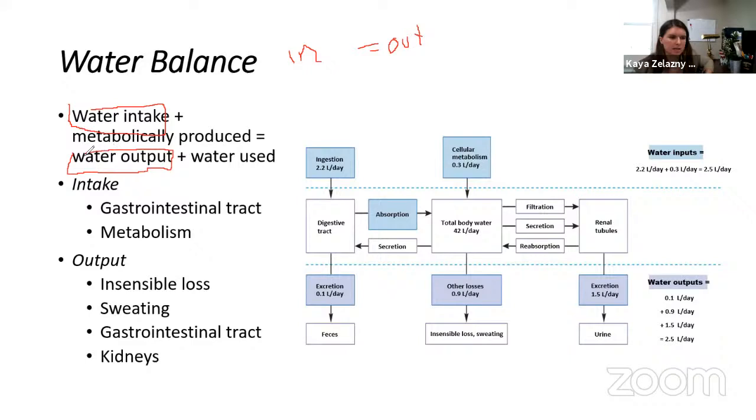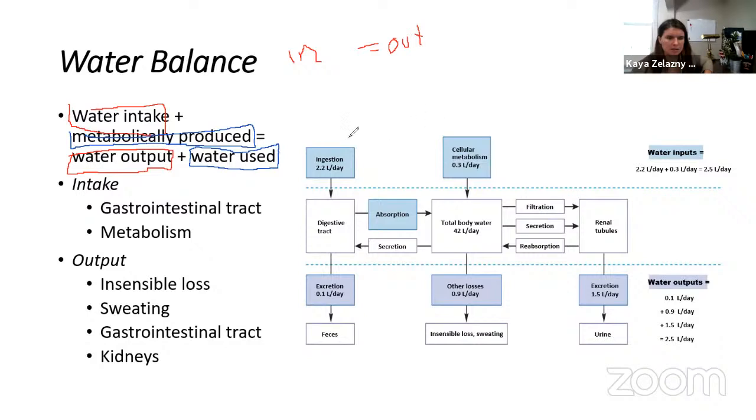So when we're excreting it in urine or feces. But we want to make sure we add our slightly smaller quantities of water that we produced through metabolism and water that we used up in various metabolic processes, various chemical reactions happening in our cells.